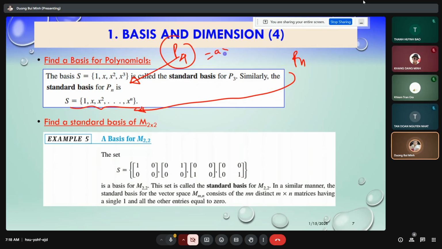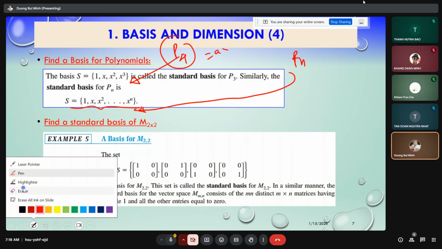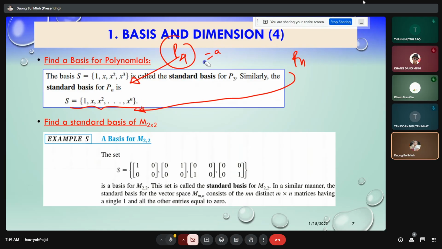That means we have a plus bx plus cx squared plus dx to the power of 3. These are the coefficients, right? So we have 1, x, x squared, x cubed here, for the vectors in the basis S.